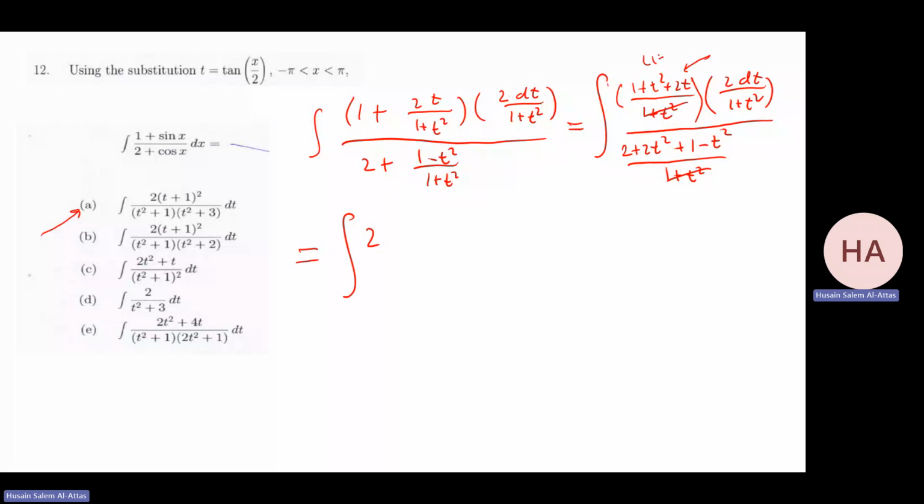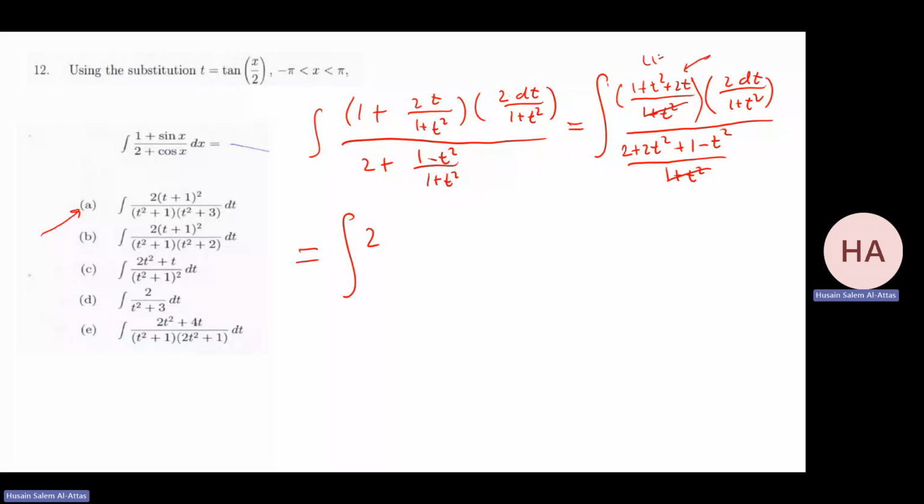Let me do this and then I will stop. I have 2 dt. I write t equal tan x over 2. This is my substitution.